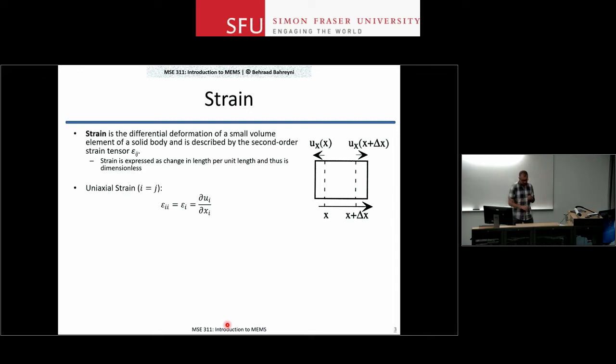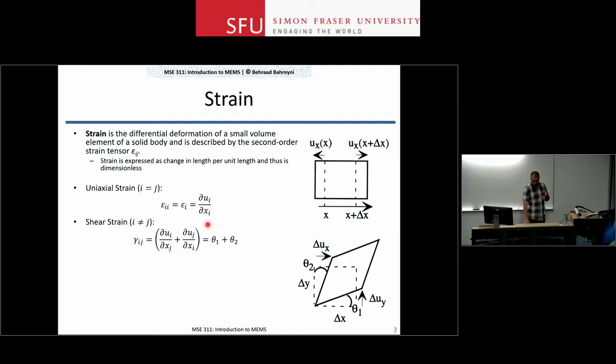So if you have a structure like this, so let's say u of x and u of x plus delta x, these are the initial points, these are the deformations of the structure. We define strain this way. So it is basically the change in deformations over that length. For normal strains, it's the change in the linear scales.